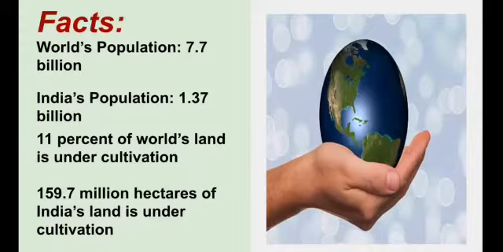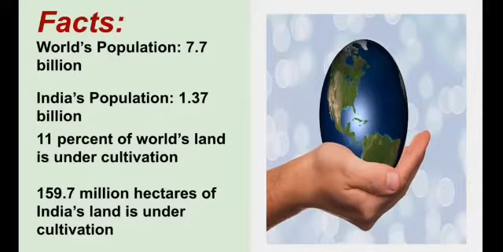There are so many people and all of us require food for our energy needs. We can't just rely on nature to provide food for us. If we just sit and rely upon nature to give us food, we cannot get sufficient food from nature itself. So we need to make efforts. That is why we need to do cultivation.